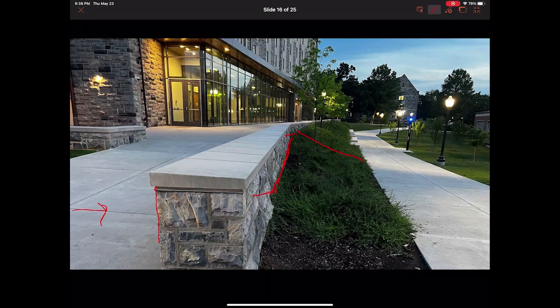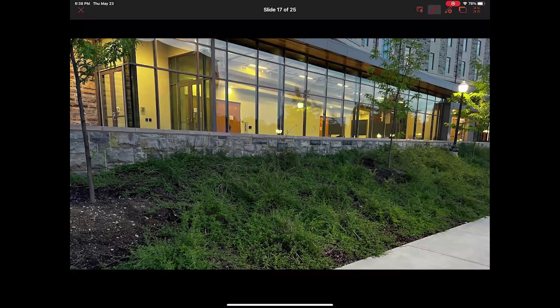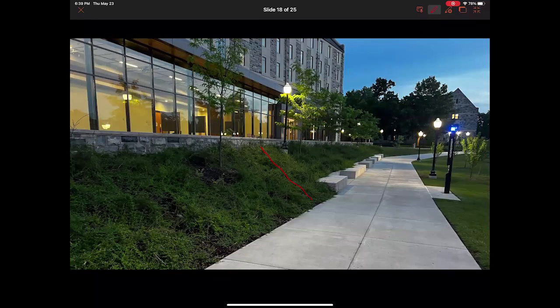The elevation of the soil on this side is probably pretty close to the elevation of the sidewalk on that side. So what looks like a retaining wall kind of is at the ends, but maybe not so much in the middle. That's not a bad way to not have to worry so much about overturning or some of these other things. So on the downside, you see the slope of the soil coming up, and then it's at about the same level as the concrete pavement on the other side.